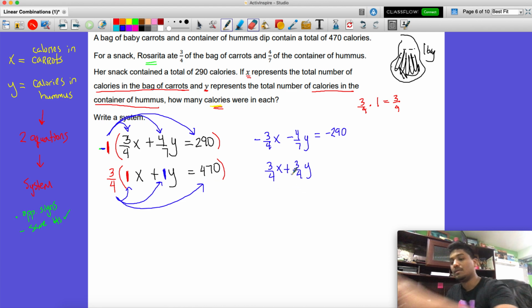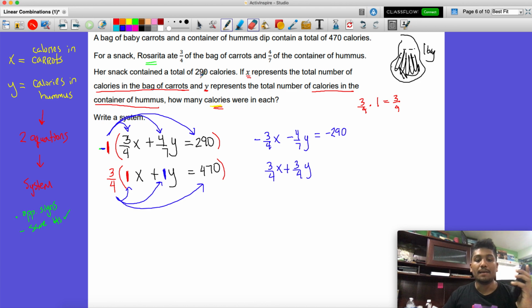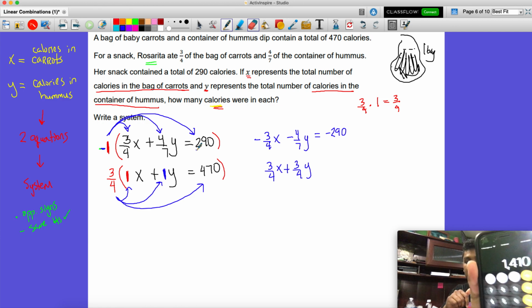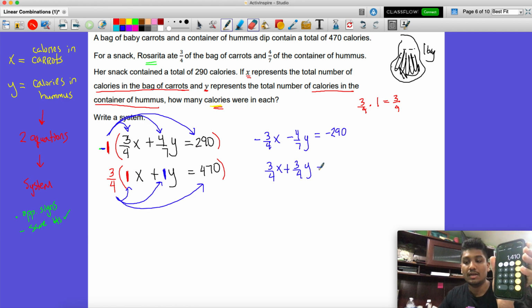So get my calculator. The way that I'm going to do this is I'm going to multiply 3 by 470. So 470 times 3 equals this amount. Okay, so that's 1410. So I took the 3, I multiplied it by that, and now I'm going to divide by the 4, right?